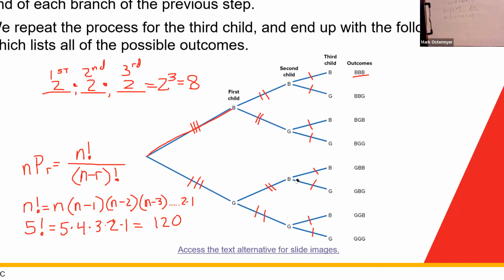All right. Now, as far as enumerating all the possible outcomes, you could see where this would become very, very cumbersome. For instance, if we had 10 children, ladies and gentlemen, this tree would get larger and larger as we go to the right. And this would become very impractical, if you will, because 2 raised to the 10th power would give us a very, very large number.